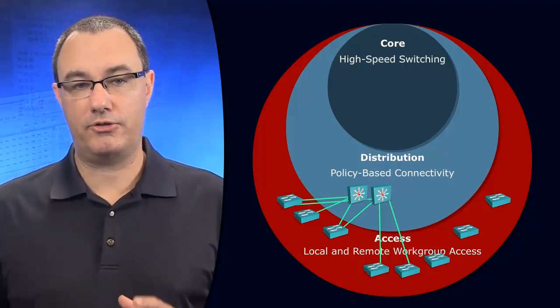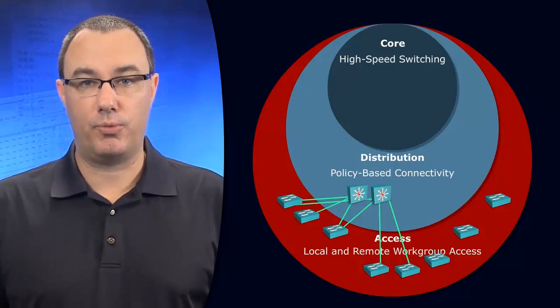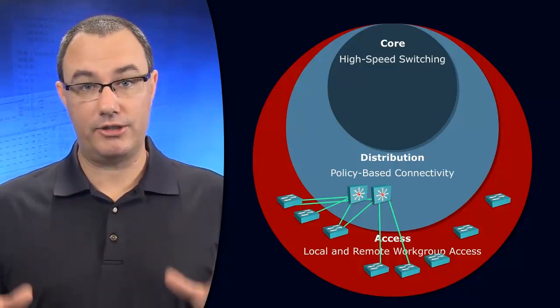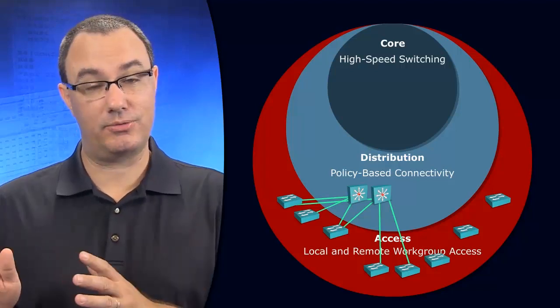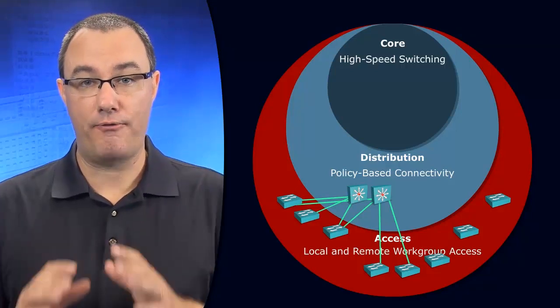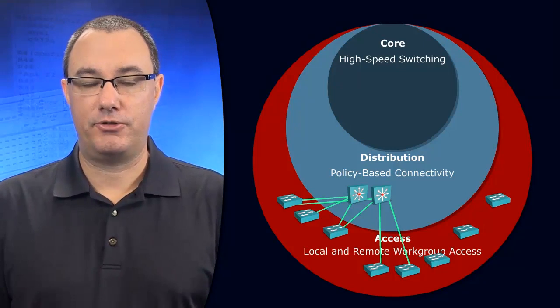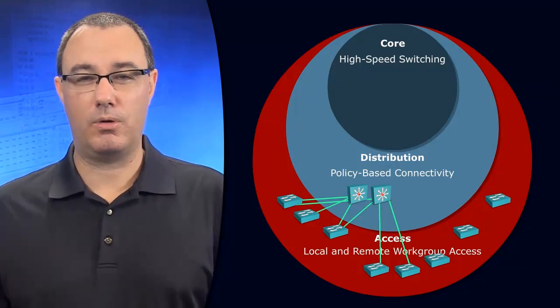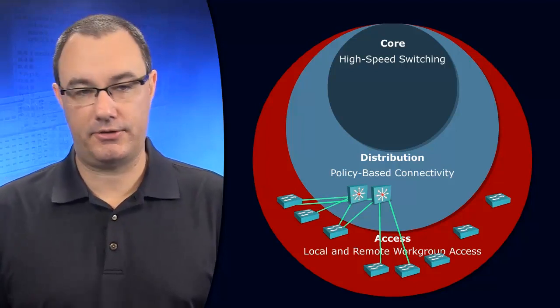Now, what's important is we have a different kind of device at the distribution layer. It's a layer 3 switch. It's a multi-layer switch. Those are interchangeable terms. I don't want you thinking layer 3 and multi-layer switches are different. They are interchangeable fully. A lot of people like to say multi-layer switches now. So I guess there's a little bit more people using that term, but it's not of significance.